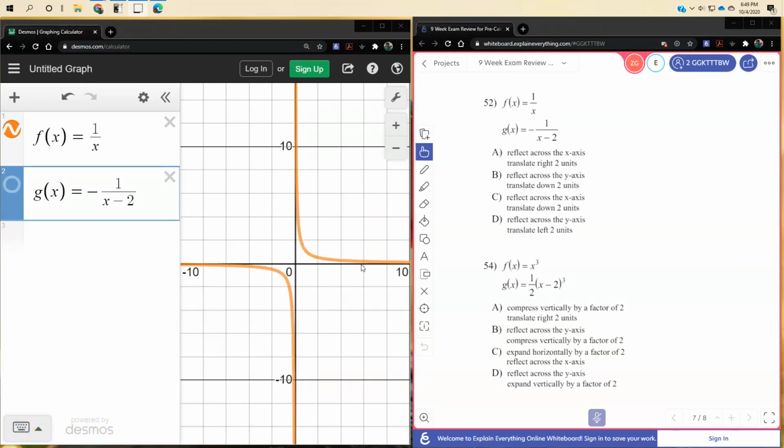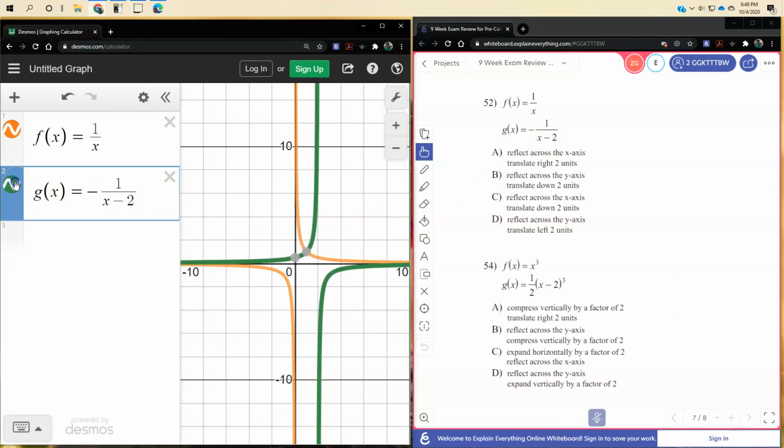For 52, we're going to go ahead and describe this transformation. That negative that's on the outside of 1 over x minus 2, that's going to reflect it over the x-axis. But that minus 2, x minus 2, is going to shift the graph 2 units to the right. So you're going to see that right now.